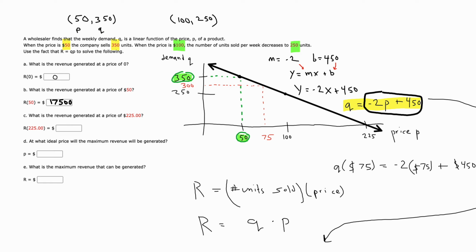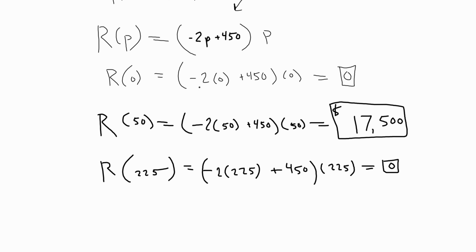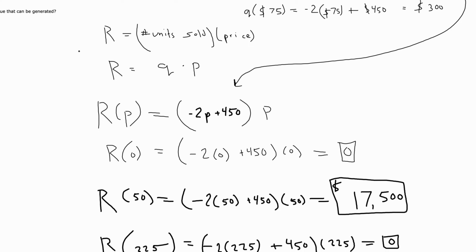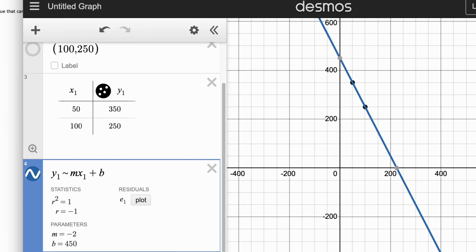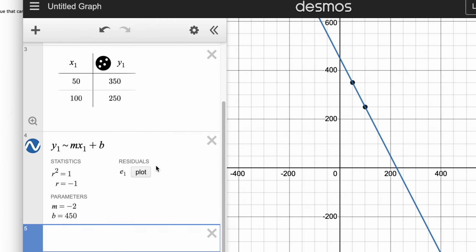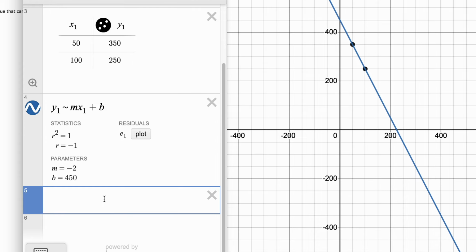All right, now the next question says, at what ideal price will the maximum revenue be generated? For that, we can just look at a graph of the revenue function. So the revenue function is this one here. And I just want to plot that in Desmos for a moment. I'll go to a new field.